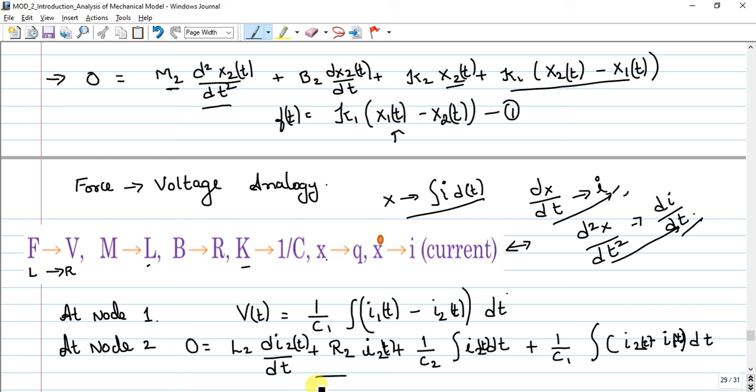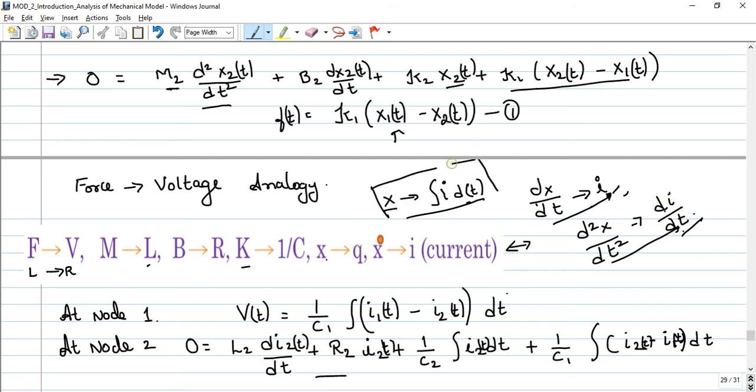So this is how you will rewrite the given mechanical system in terms of electrical equations by modifying force in terms of voltage, mass in terms of inductance, friction in terms of resistance, and spring constant in terms of reciprocal of capacitance. Furthermore, we consider x displacement as integration of i dt, the differentiation dx by dt as i, and the double differentiation as di by dt.